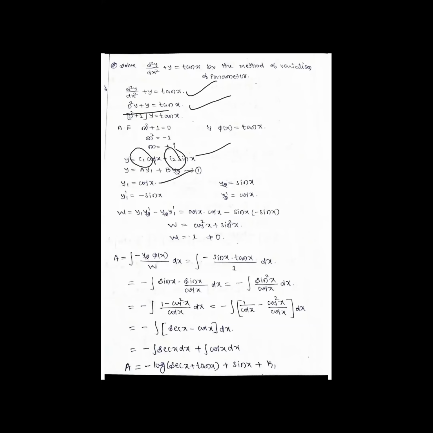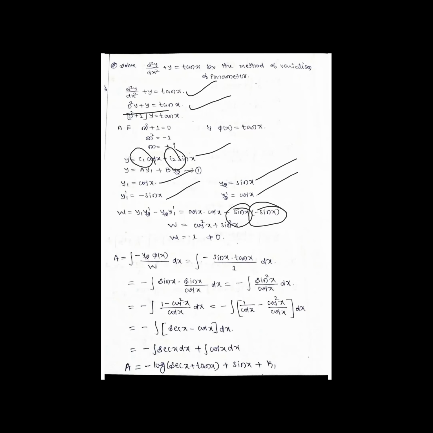And y1 will be cos x, y2 will be sin x, and y1 dash is minus sin x, y2 dash is cos x. So Wronskian is y1 y2 dash minus y2 y1 dash. What is y1? cos x. What is y2 dash? cos x. Minus, what is y2? sin x. What is y1 dash?